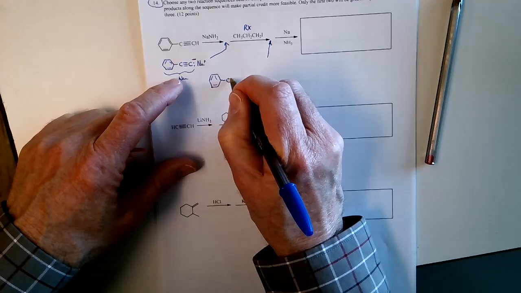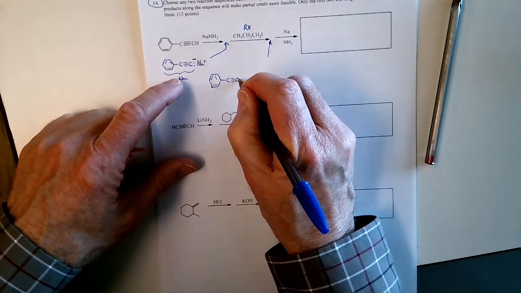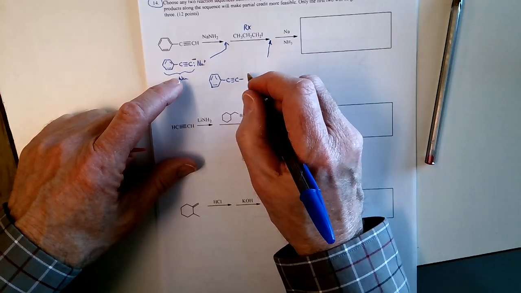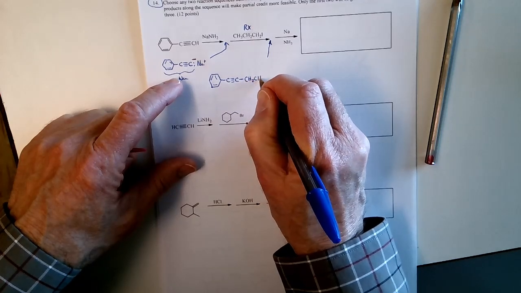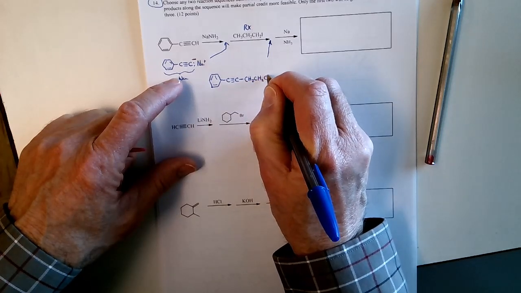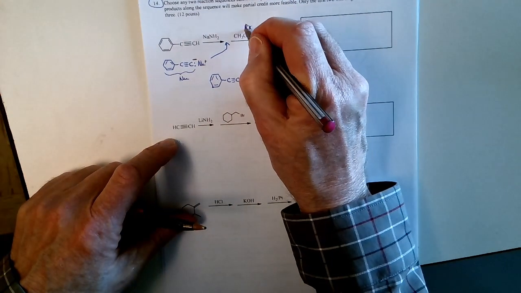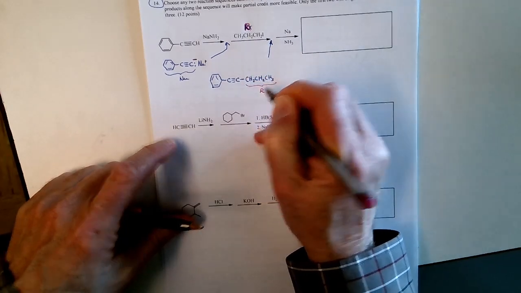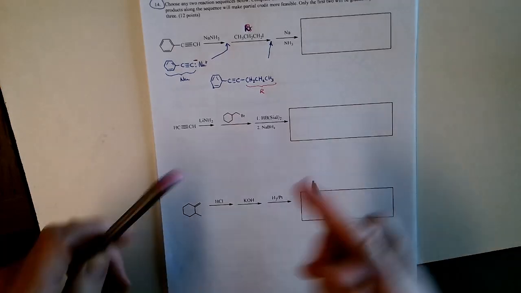So here's the triple bond, still very much intact, and here it is now bound to the other piece of Rx. So there's R. Let's just tag that. Here's R, and this much here, that's R. The nucleophile came in and knocked out the leaving group.